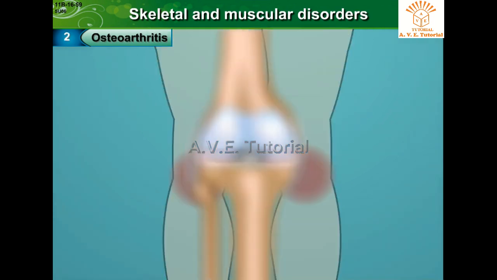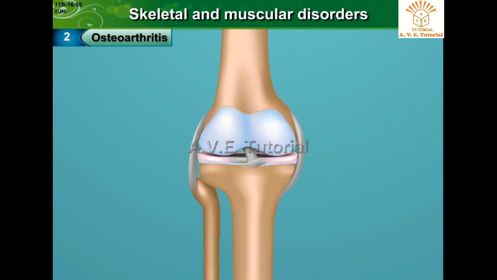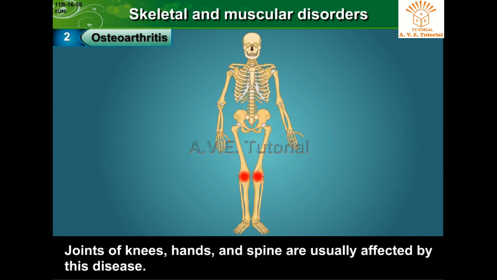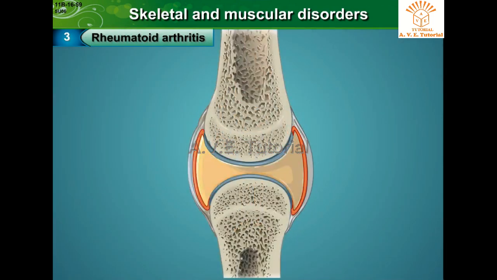2. Osteoarthritis. It is characterized by degeneration of the cartilage pad. Joints of knees, hands, and spine are usually affected by this disease. 3. Rheumatoid arthritis.